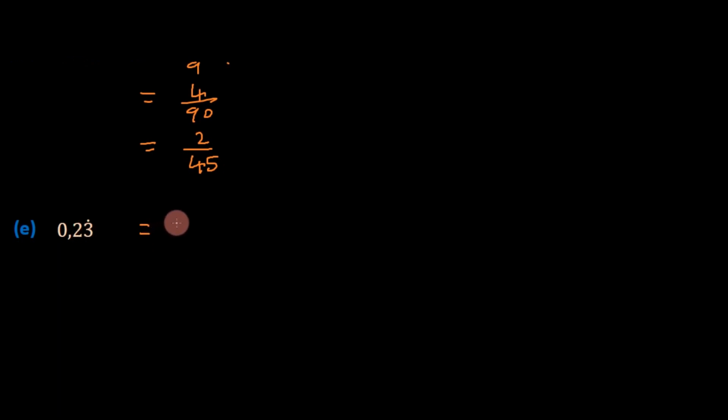This, of course, is the same as 0.2 plus 0.03 recurring. And 0.2 we can write immediately as 2 over 10. We want the recurring digit to be immediately behind the comma. So it's 0.3 recurring, but then divided by 10. And of course, 2 over 10 we can also rewrite as a fifth at this point.